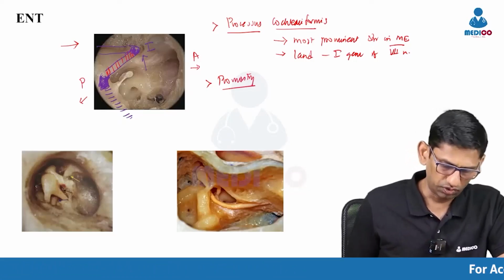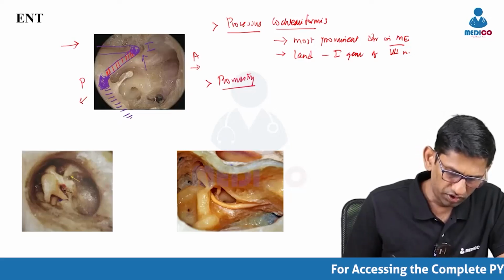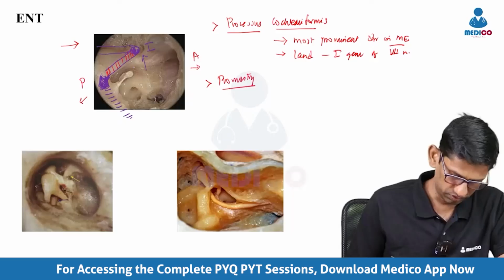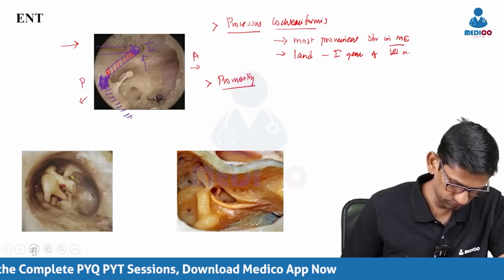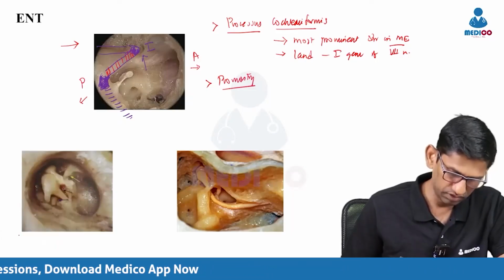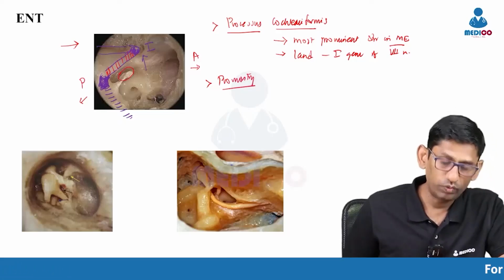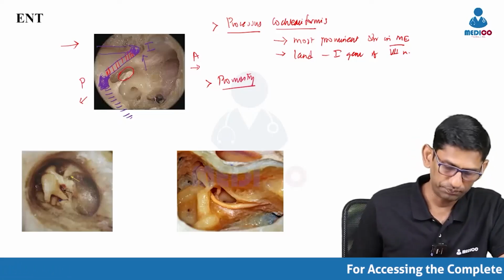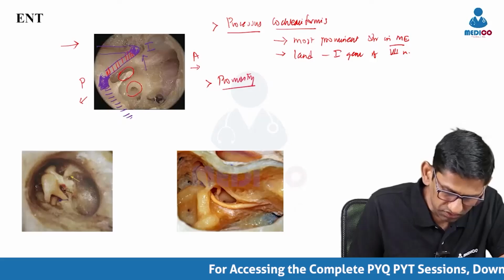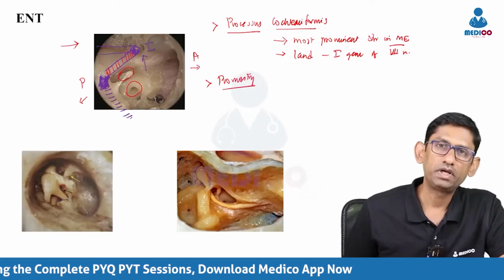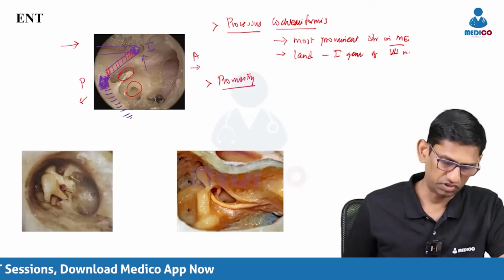Okay. So now the points regarding the posterior segment of the mesotympanum. I told you two windows very clearly. The one is superiorly the oval window where the stapes is situated, and inferiorly this is the round window. So these are the two windows, postero-superiorly and postero-inferiorly.